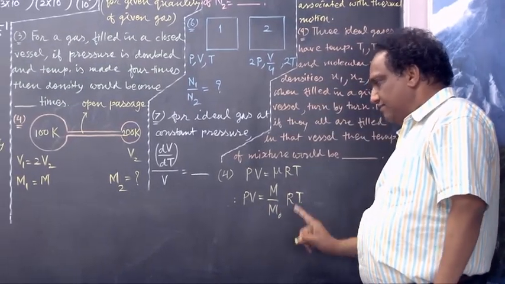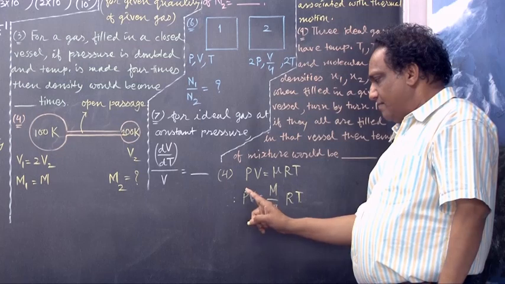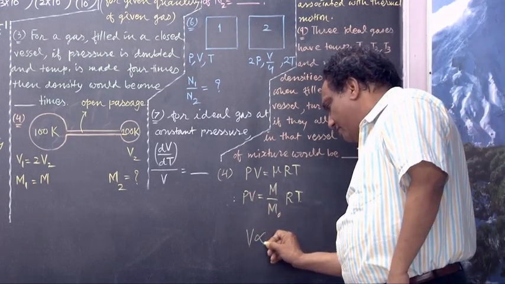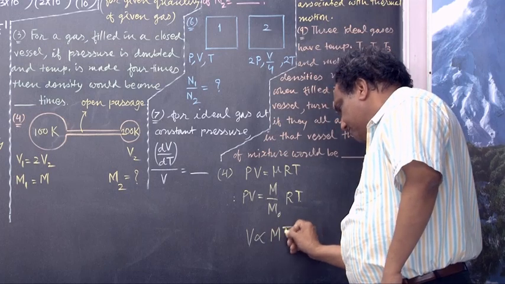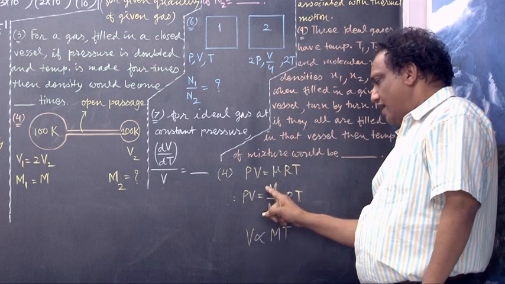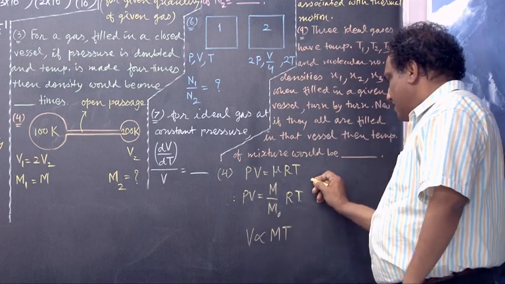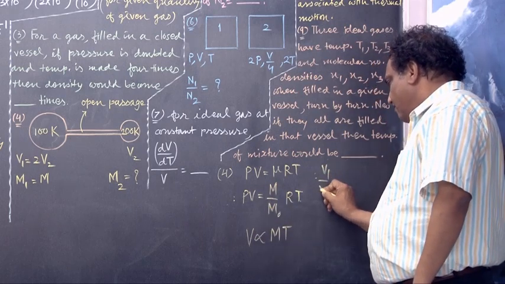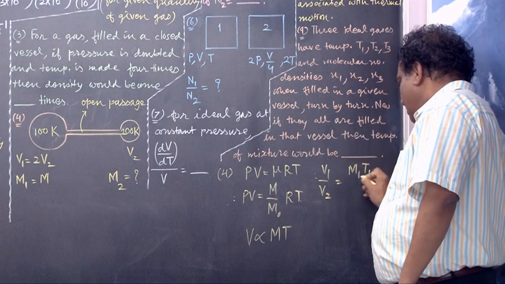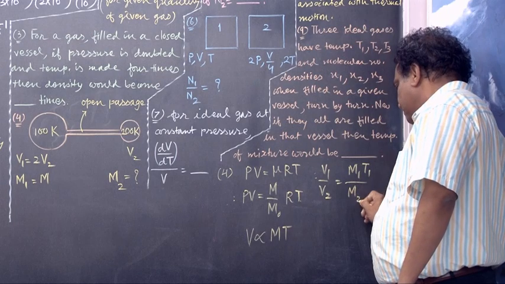R is constant. Volumes are different. Pressure is constant. So now tell me, V is proportional to m into T. So from here, come on, V1 upon V2 equals m1 T1 upon m2 T2.